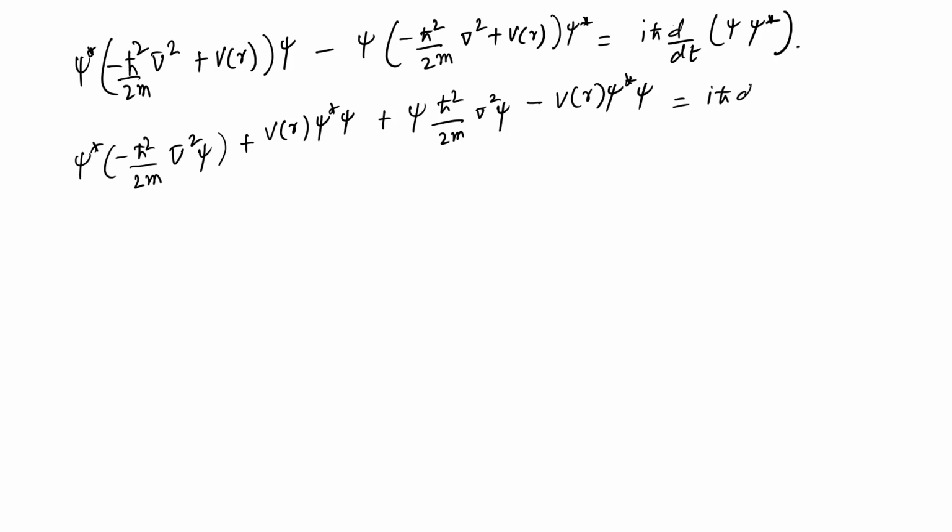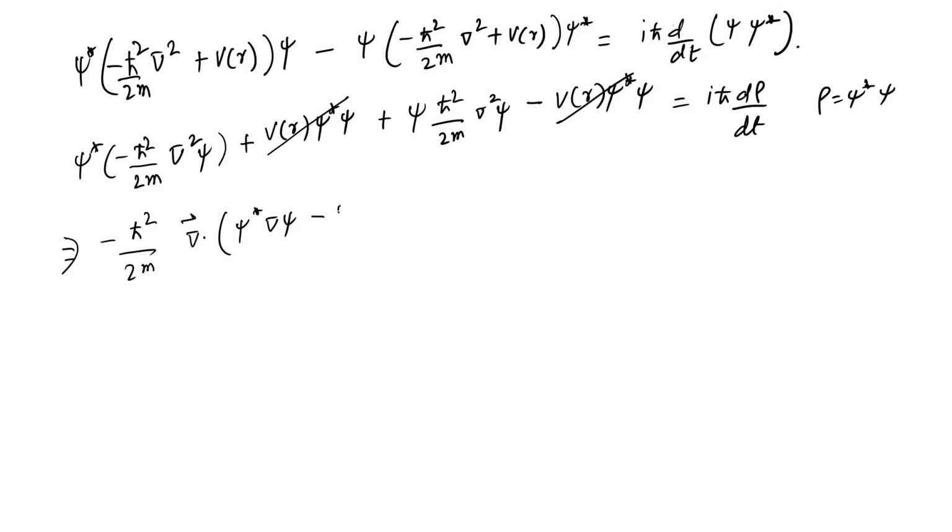equal to i h cross d dt of psi star psi. To remind you, this is called the probability density, which is equal to rho. So, rho is equal to psi star psi. Okay. And V conveniently cancels out, and we can write this term as minus h cross square over 2m times divergence of psi star del psi minus psi del psi star, equal to i h cross d rho dt.